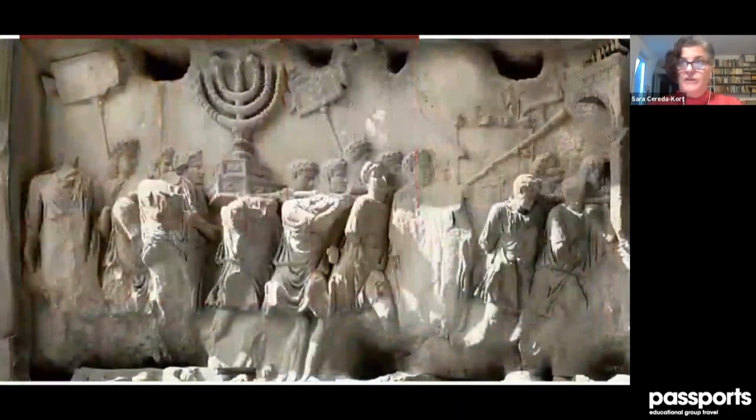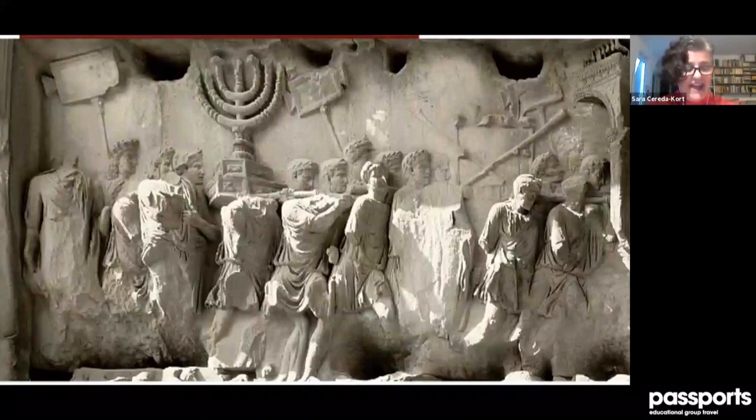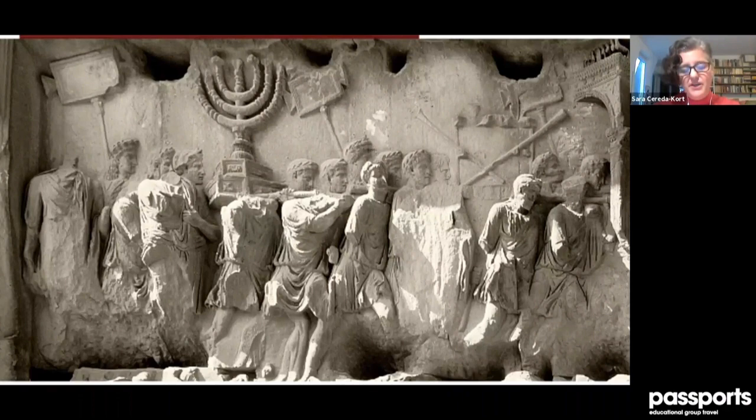But where did they get the money from? The money came mainly from the victory against the rebellion of Judea, the first Roman-Jewish war that was won by Titus.